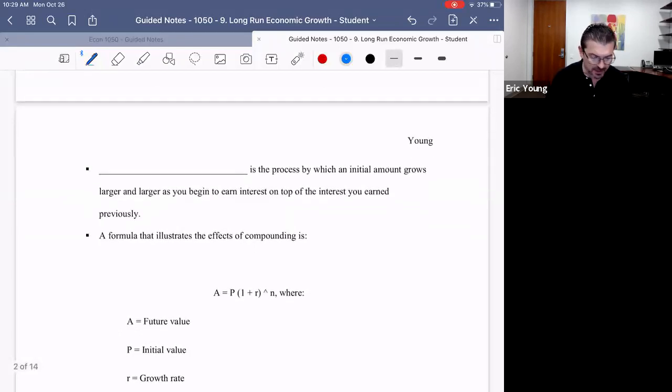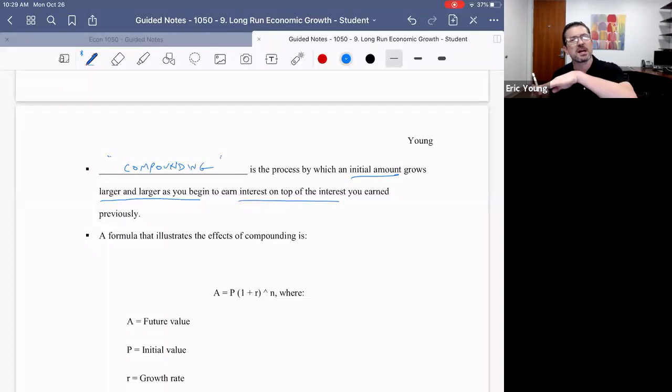This is primarily due to an idea you may know from finance, called compounding. Compounding is a general process, often found in mathematics and in growth theory, by which any initial amount grows larger and larger over time as you begin to earn interest on top of previously earned interest.